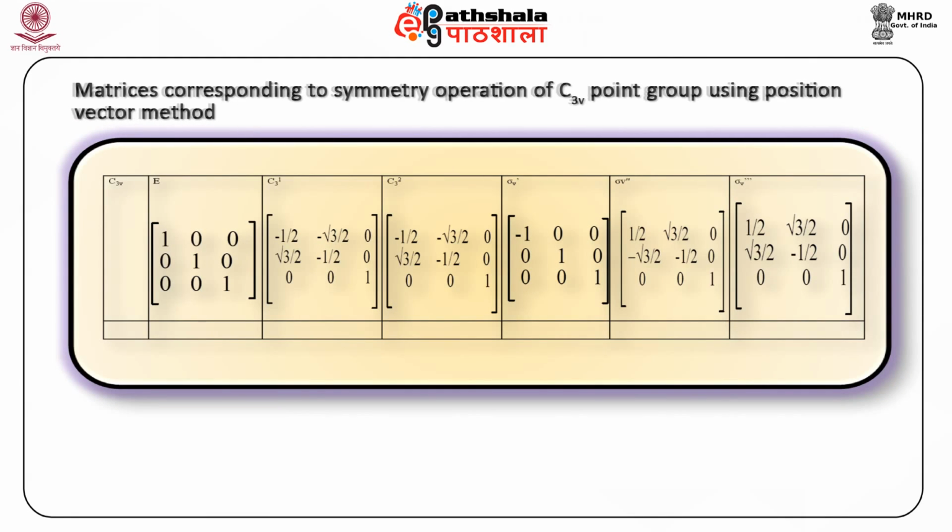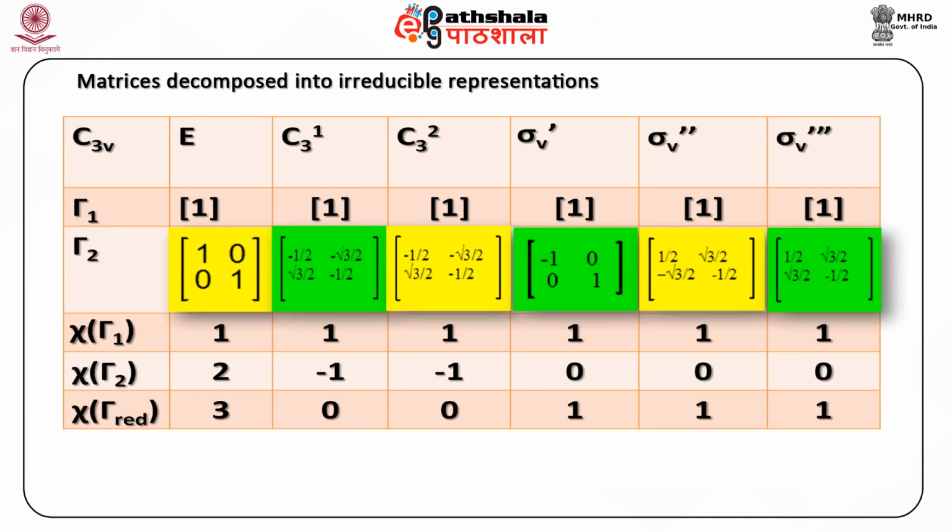Our next step is to write matrices corresponding to symmetry operations of C3v point group using the position vector method. These are as given in the table. All these 3 by 3 matrices which are shown in the last slide can be decomposed by similarity transformation into two irreducible representations. One is of dimension 1 and the other is of dimension 2.